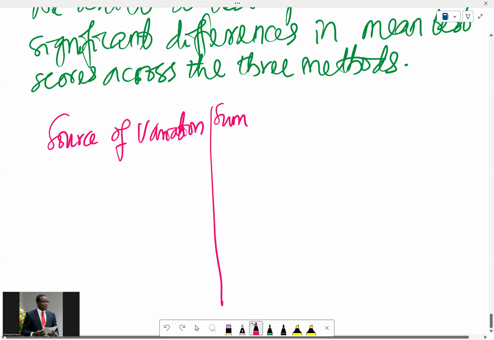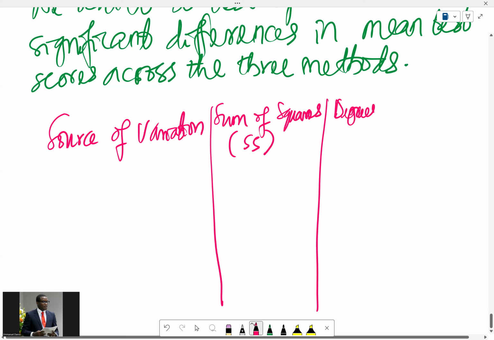That's your SS. Then we have degrees of freedom.